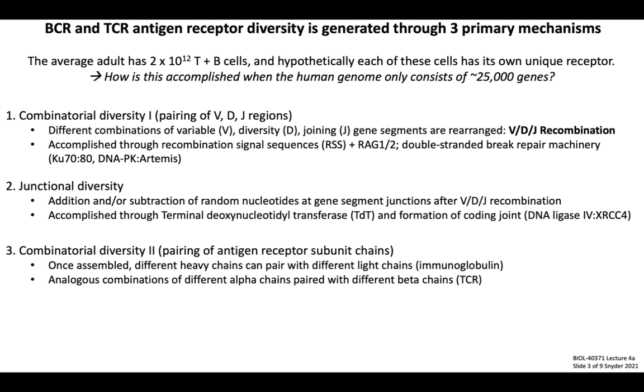Note that unlike VDJ recombination, this form of combinatorial diversity is not accomplished through molecular mechanisms at the DNA level, but instead this occurs at the protein level by linking different protein chains together to form a complete receptor.